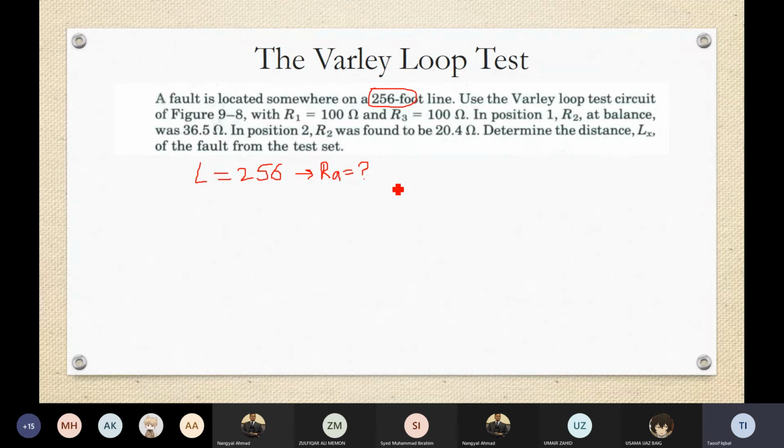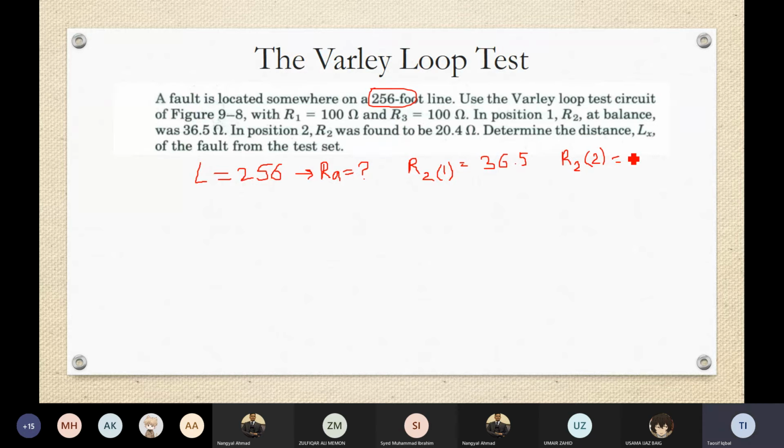So R2, when the switch is at position 1, its value is 36.5 to balance the bridge, and in the second position, second scenario, the value of R2 changed because the position was changed and the value of Rx was combined with this R2.